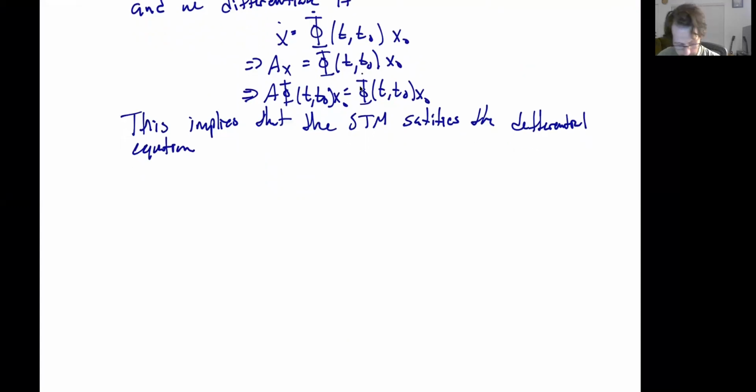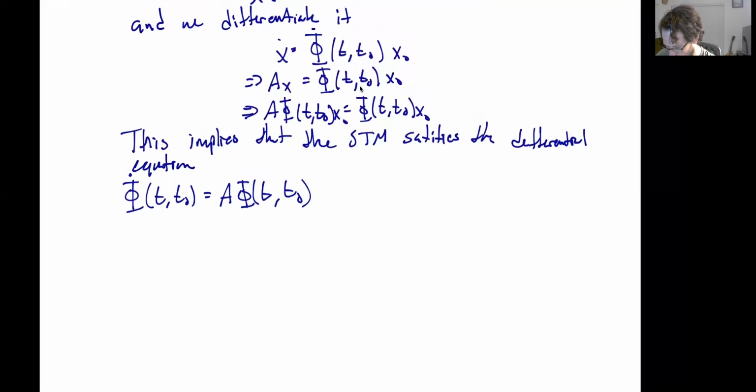Okay, so namely that means that by satisfying the differential equation, remember, any solution to our differential equation has to satisfy that differential equation, right? So if we're saying that phi is our solution, then it has to be that phi satisfies this differential equation.